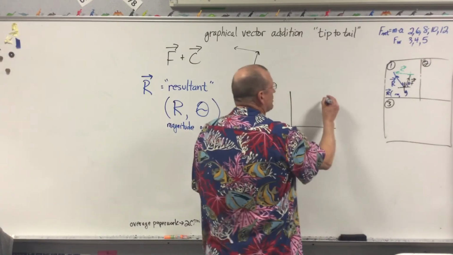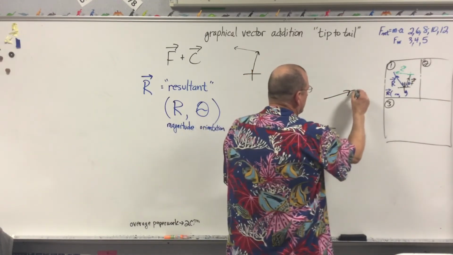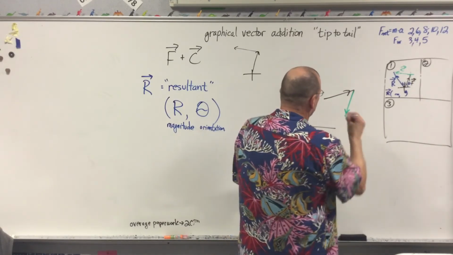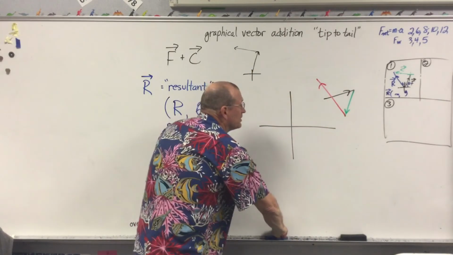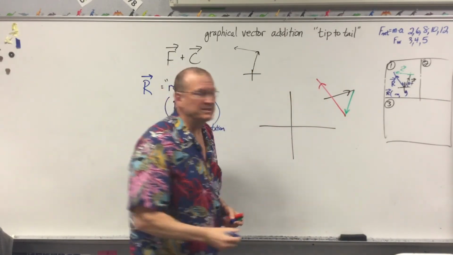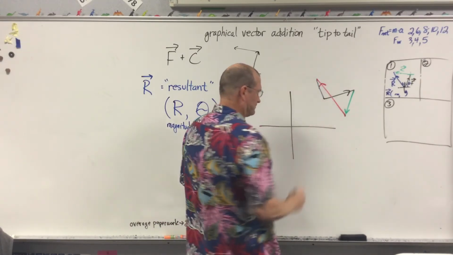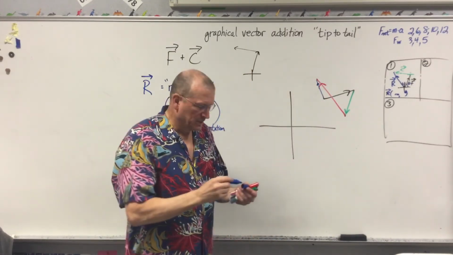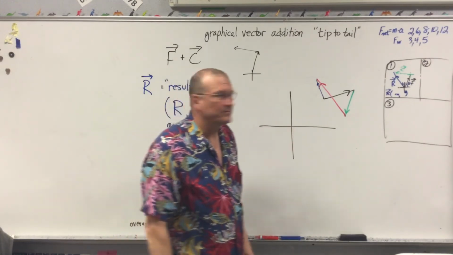If I gave you a problem where you had one that went here, and then a second one that went here, and then a third one that went there, you still have a resultant, and it's from the tail of the first one out to the tip of the last one.